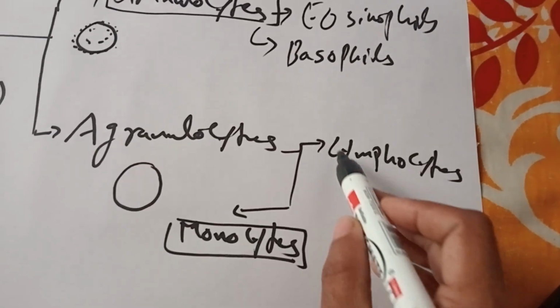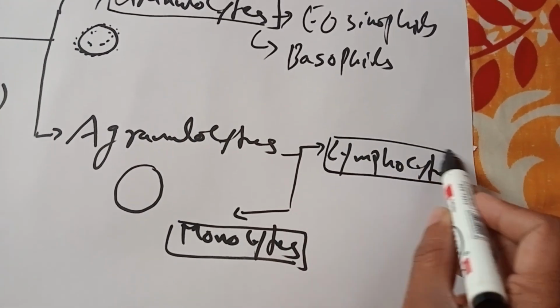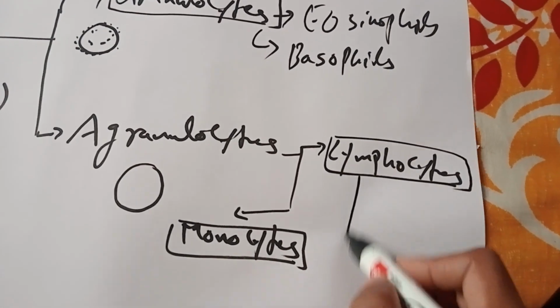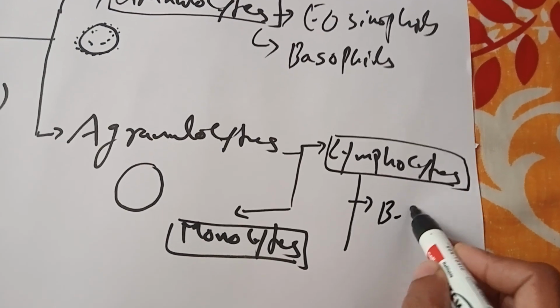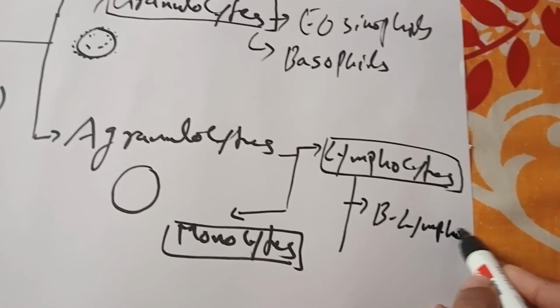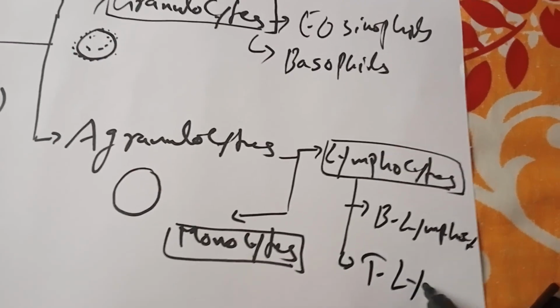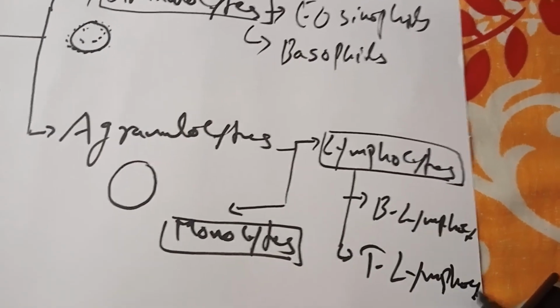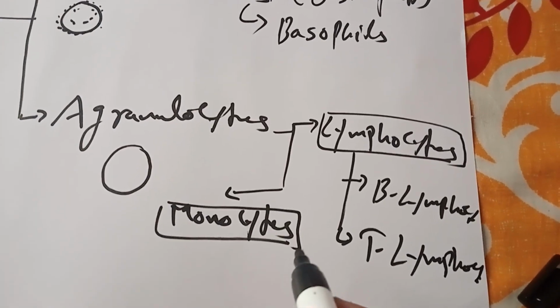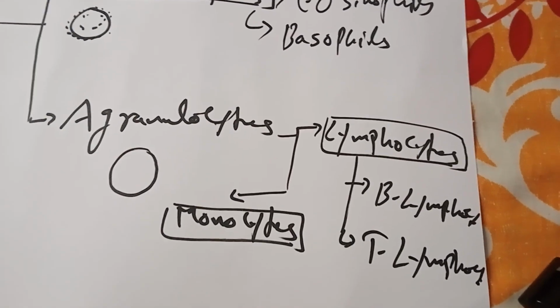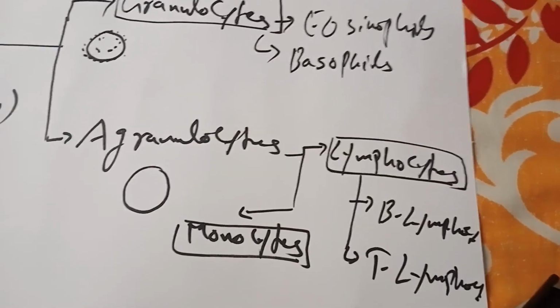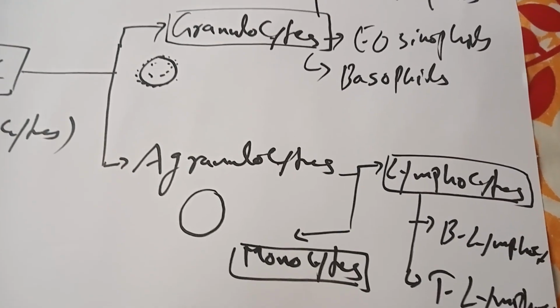Further, lymphocytes have two types: B lymphocytes and T lymphocytes. Okay, so these are the types of WBC.